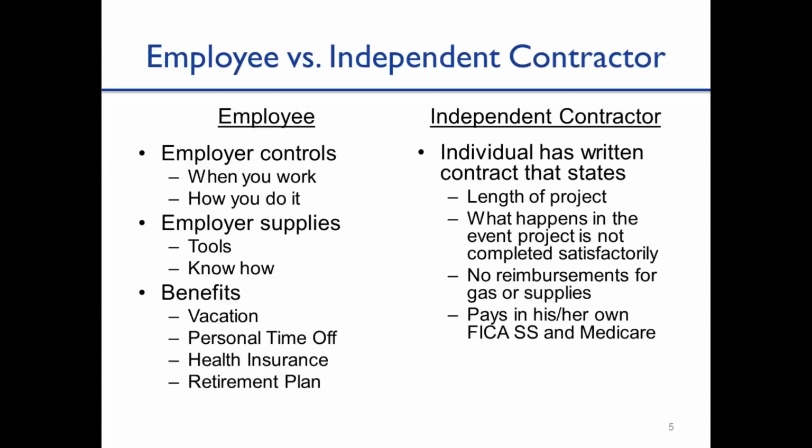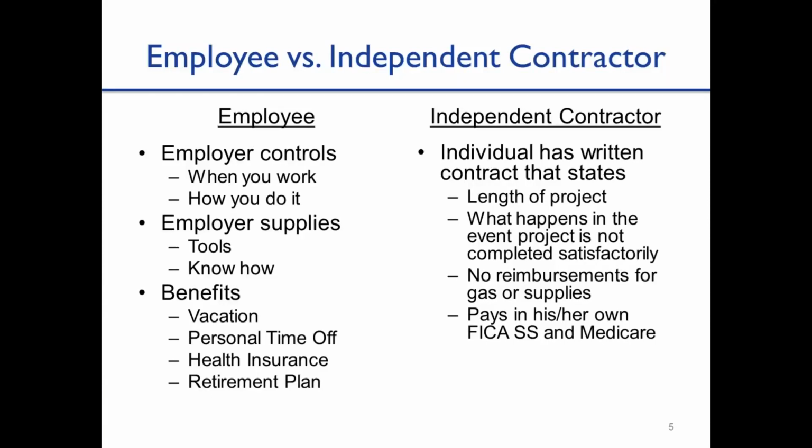I know a lot of people try to skirt around the system and say that the employee is an independent contractor because the company does not want to pay the withholding taxes that they have to match and doesn't want to pay benefits and things like that. But if you get caught paying somebody as an independent contractor that should be an employee, what's going to happen is you're going to wind up with a bunch of penalties.